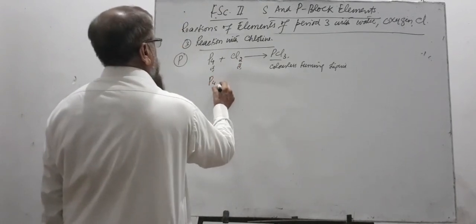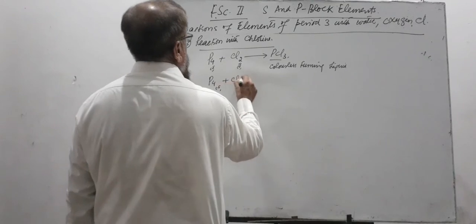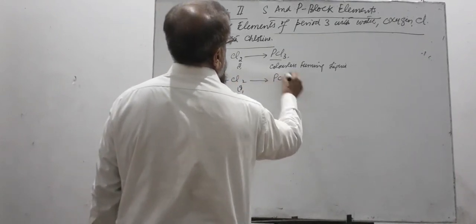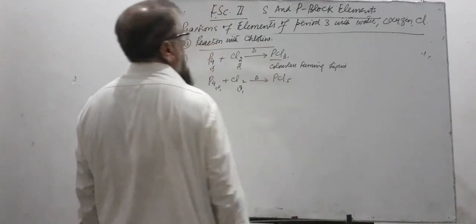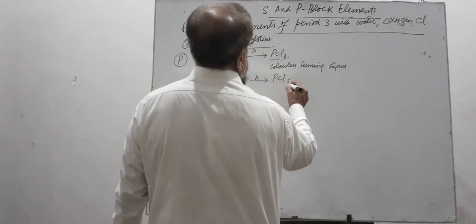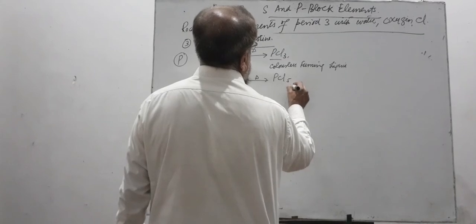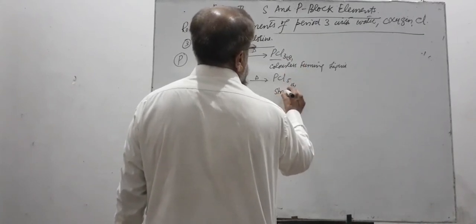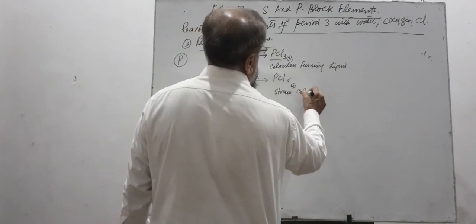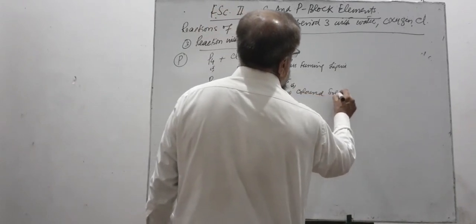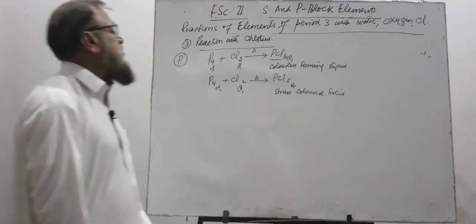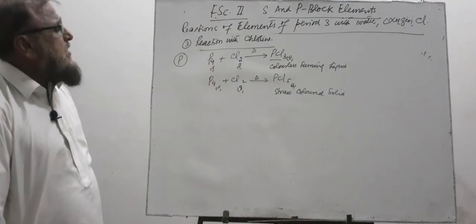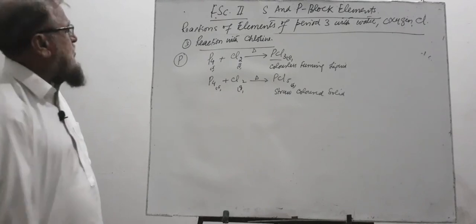Phosphorus may also react at the same time to give an alternate product, phosphorus pentachloride, which is a straw colored solid. Thus phosphorus produces a mixture of the two.